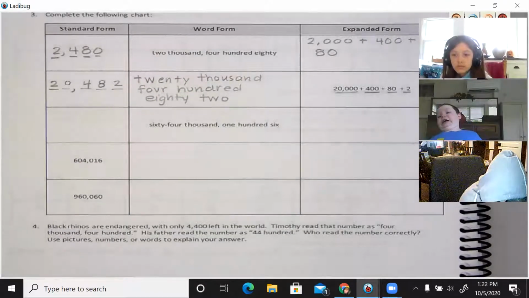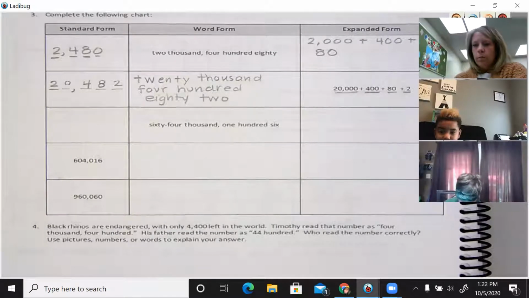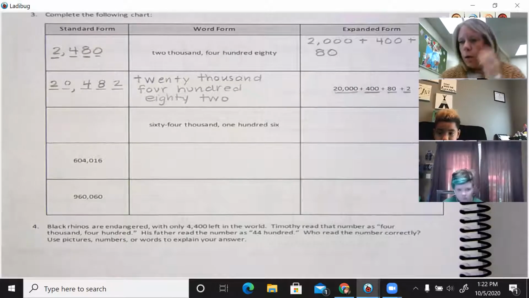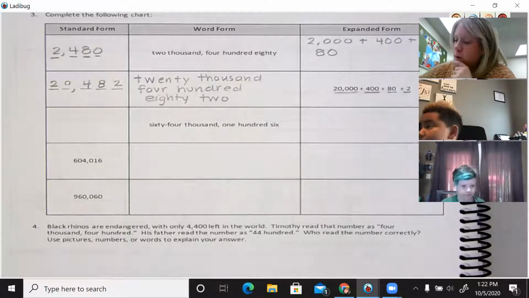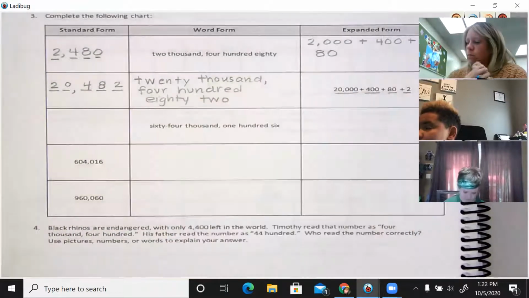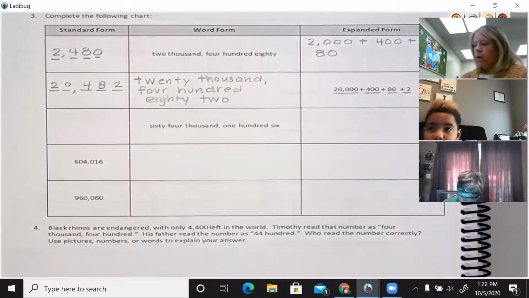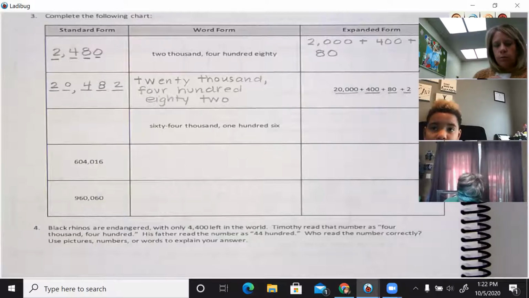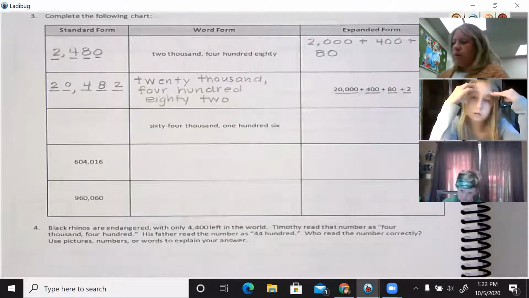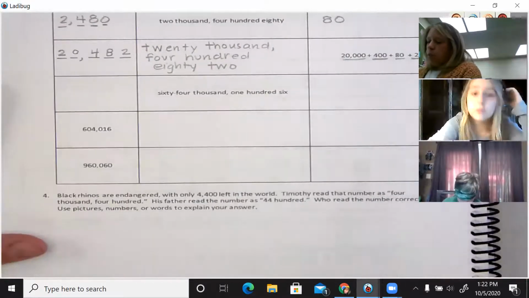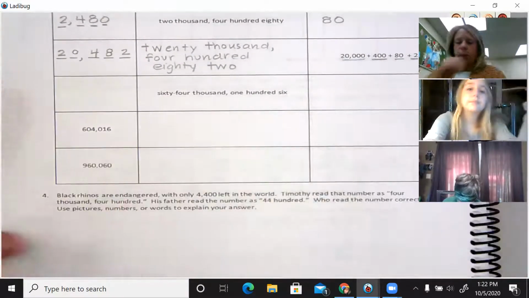Who can tell me where my comma should go in my word form? Peyton, where does my comma go when I'm writing it in words? After the word thousand. Very good. 20,000, comma, 482.